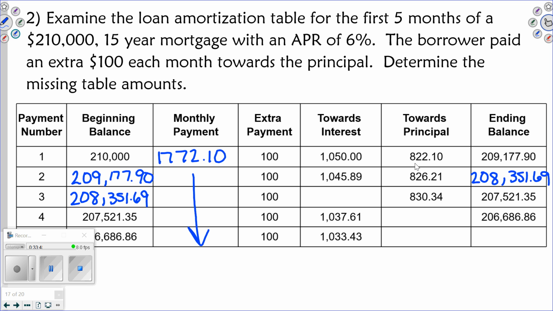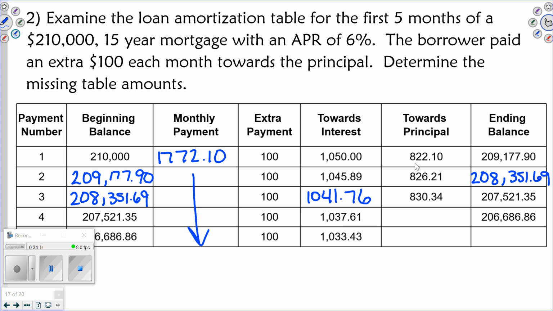You should subtract it, because you wouldn't add it to your monthly payment. Your payment's broken down into this and this. So take your monthly payment, and we'll just subtract off how much goes towards principal. Subtract off that extra 100 that's sitting in there. So $1,041.76. I took my monthly payment, and I just subtracted off the towards principal, and I subtracted off the extra 100 that was sitting in there.